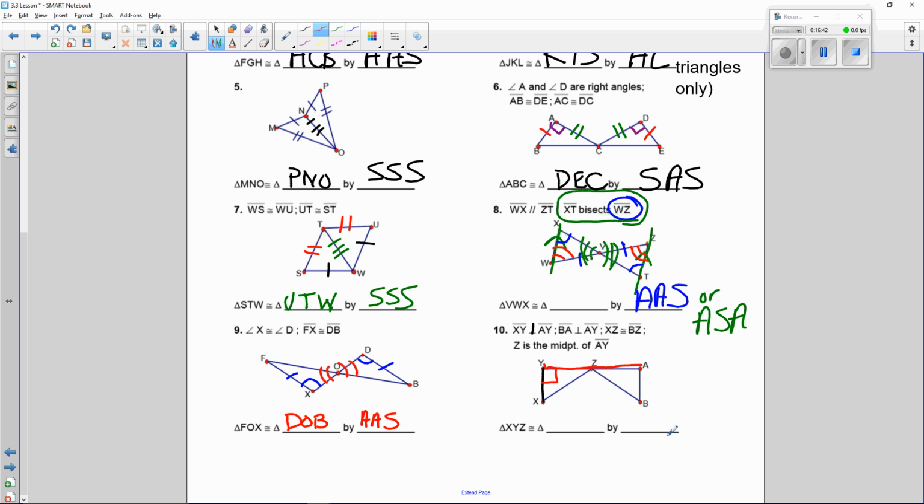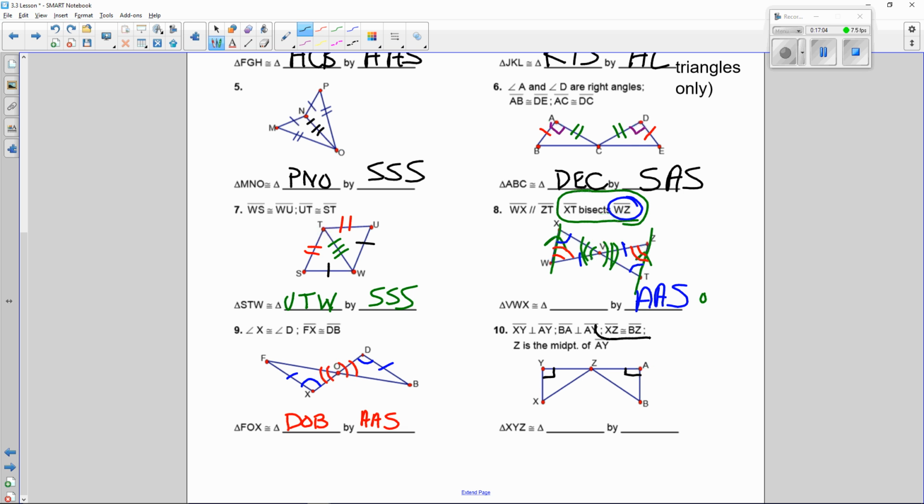And they say the same thing happens over here with BA and AY. So you've got two triangles that each have a right angle. I'm going to clear my diagram and just mark the angles. Really, that's all we know so far.